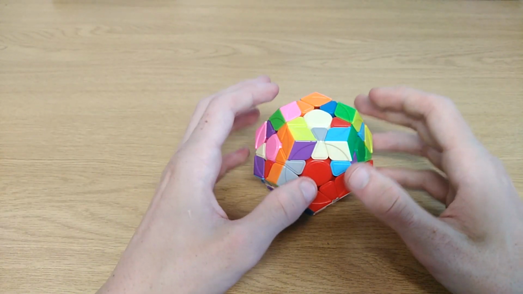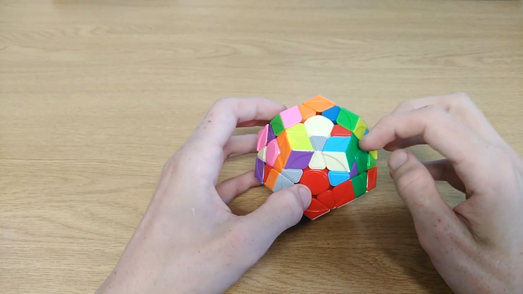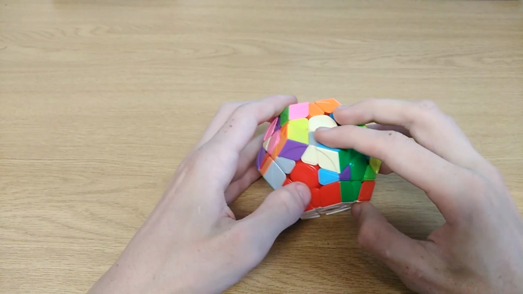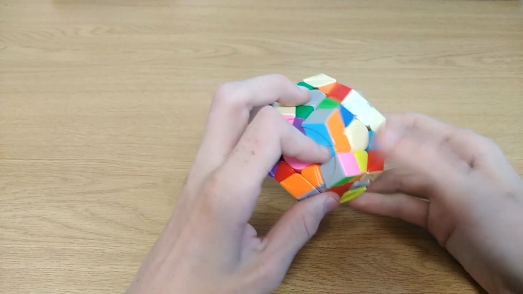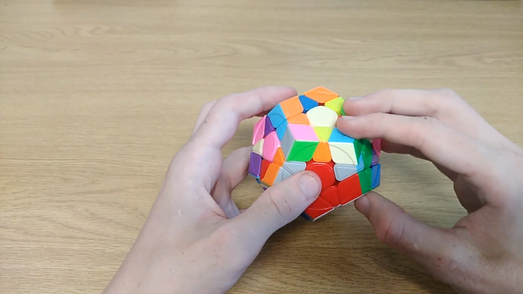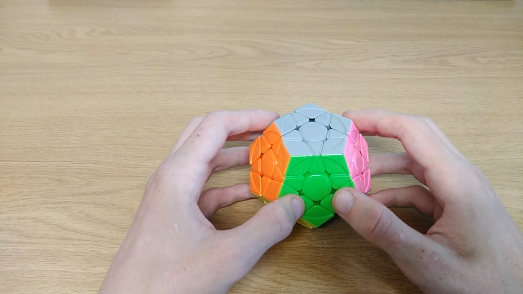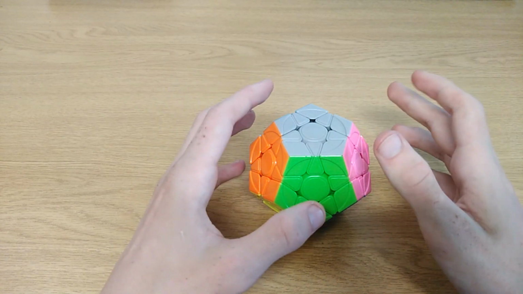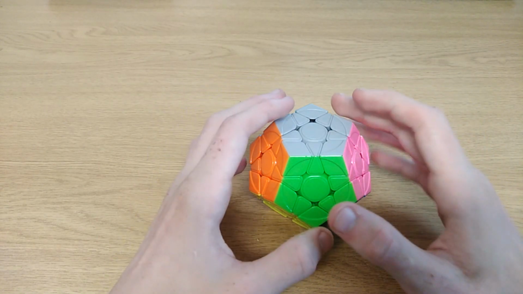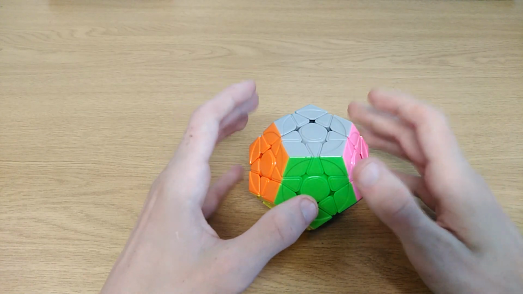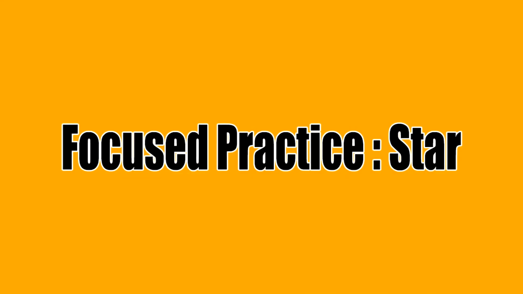So now what you're going to have to do is you're going to do slow solves, and whenever you see this specific case, then you're going to have to force yourself to do it, because now you have time to think, and then you get used to it, and after a while you'll be able to use this in your normal solves. Just remember that you should always go for quality solves over PBs, because you can always break a PB in the future, but only if your solves improve in quality.